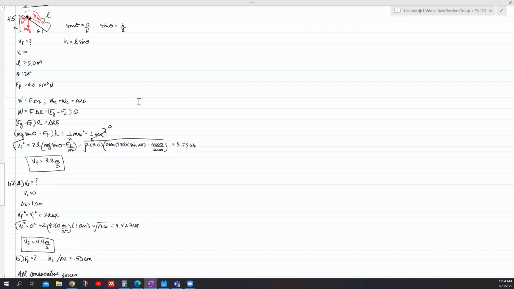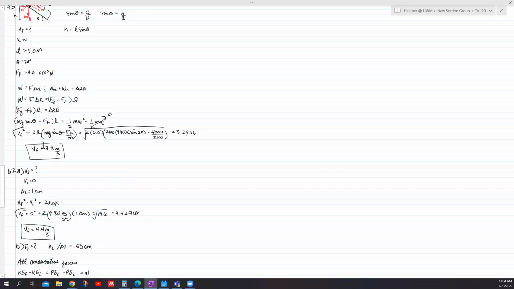Vi is 0, so that goes away. Plugging in what we know, we get 2L, m we know, g we know, theta we know, friction force we know. We got 2 times 5 times 2100 times 9.8 times sine 20 minus 4000, divided by 2100, and we get 3.7966 if you take the square root of it.